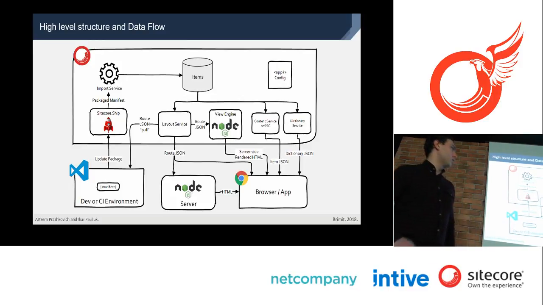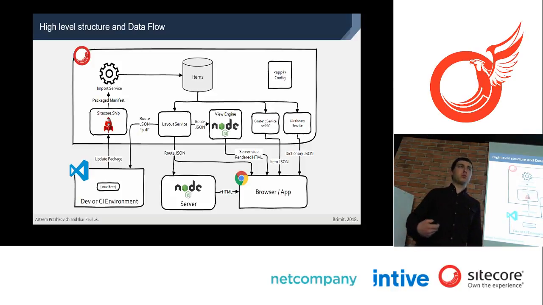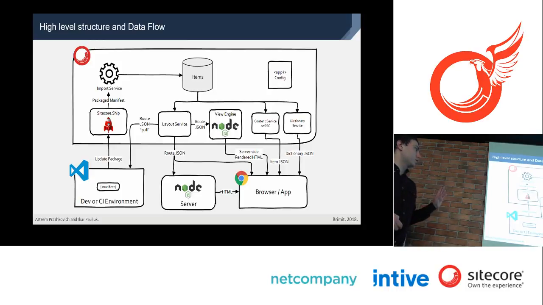There is a dictionary service, and there are also two additional services, import service and Sitecore ship service. I separated them because these two services do not take part in the rendering process.